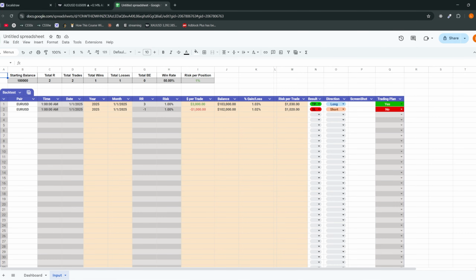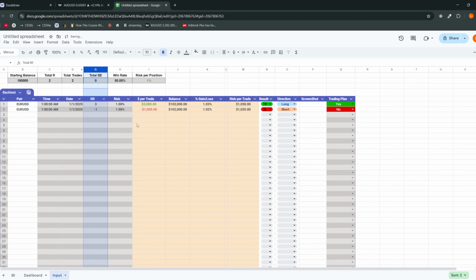This will be the input, so I will have the pair, the time I took the trade, the date, year and month. These are for graphs I will do in the future, so I can hide them in reality.